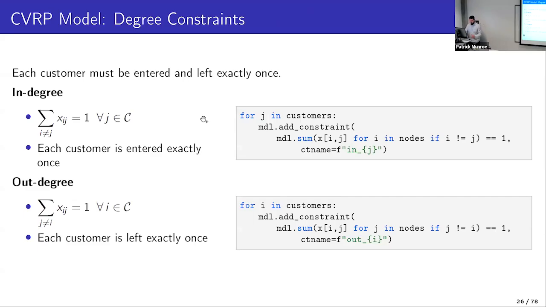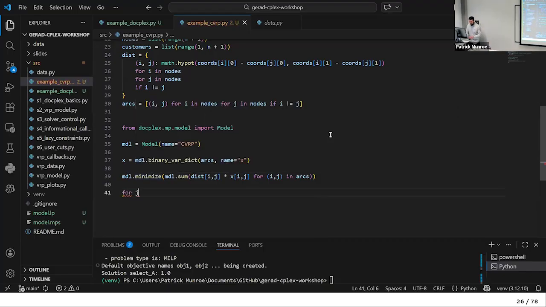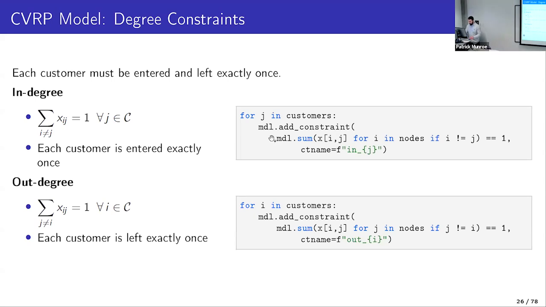For the degree constraints, it is important to notice that we have one constraint for each customer. The for all j in C is important here. It looks like only one constraint, but actually we have as many constraints as the number of customers. To deal with that, we create a for loop where we iterate over the customers, and then we add one constraint for each customer.